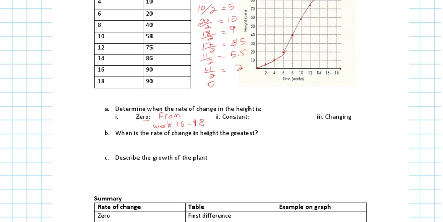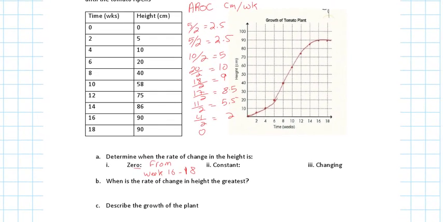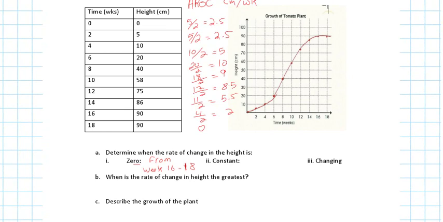When is the rate of change in the height constant? So it's from week 0 to week 4, right? Because what I had to do here is I had to do this and I had to do this.